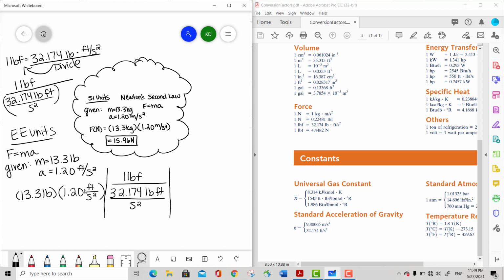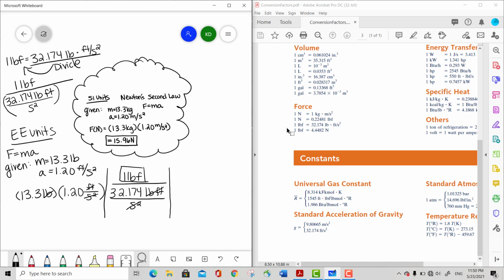So this is all in the denominator, and if we were to multiply across, all of this would end up in the numerator. So this cancels out with this. And we're ending with that pound force, which you see right over here per our formula is what we need to have.